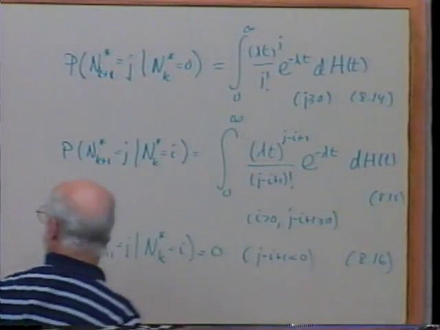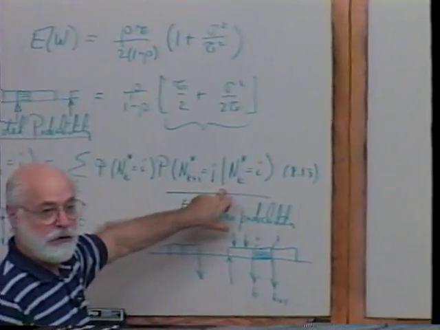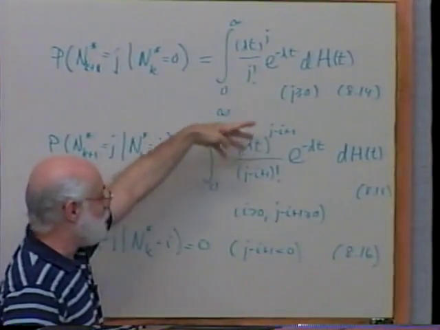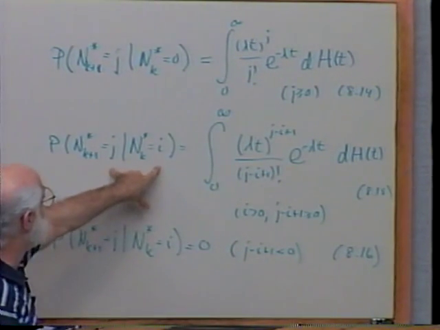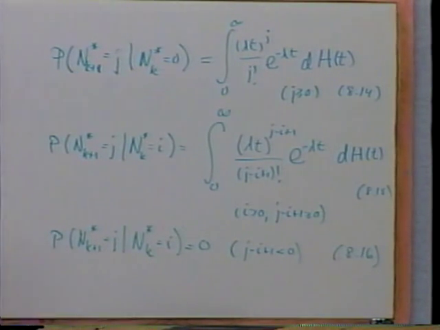So now if you look back over here, you can see that we have all of these so-called transition probabilities. Now, they may look complicated, but they're explicit, they're known, and the important thing is to note that they depend only on i and j, and they do not depend on k.